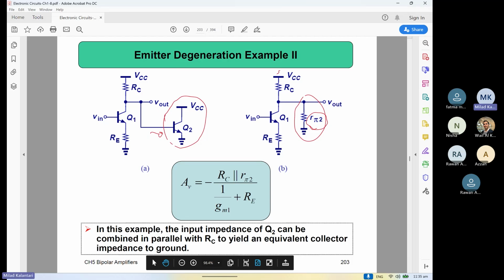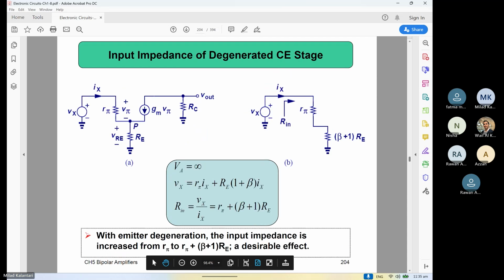What will change is that from the emitter it is just 1 over GM1 plus RE in the denominator, but the collector resistor has changed. Now it is RC in parallel with R pi 2, right?